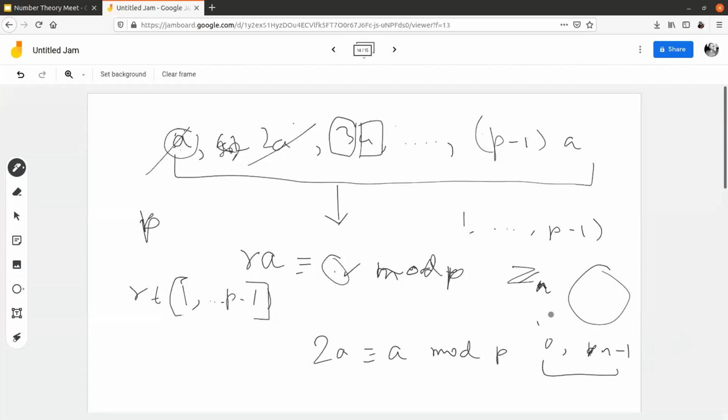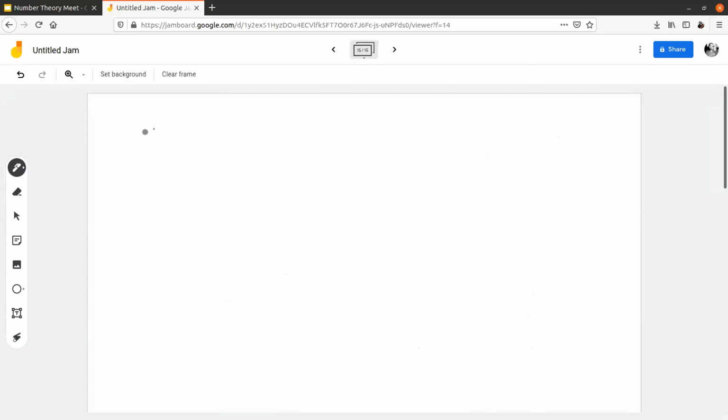So this is basically the modular remainder, right? Each of these will give you a separate modulo. It will give you a unique modulo with respect to p. So that gives you that a into 2a into 3a into up to p minus 1 times a will be equivalent to 1 into 2 into 3 into p minus 1 mod p.